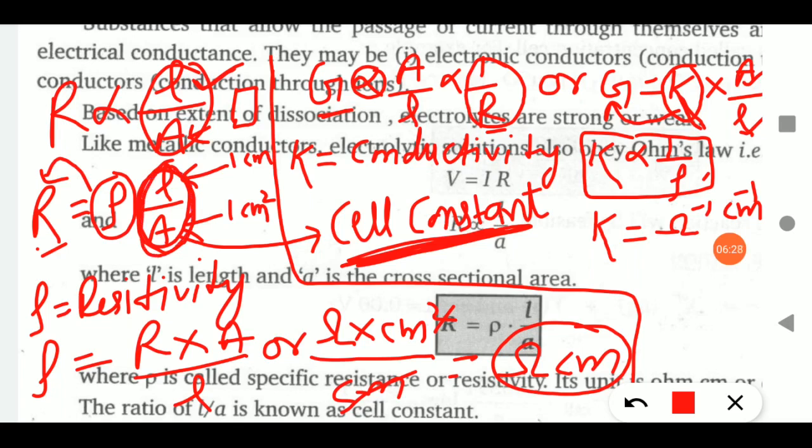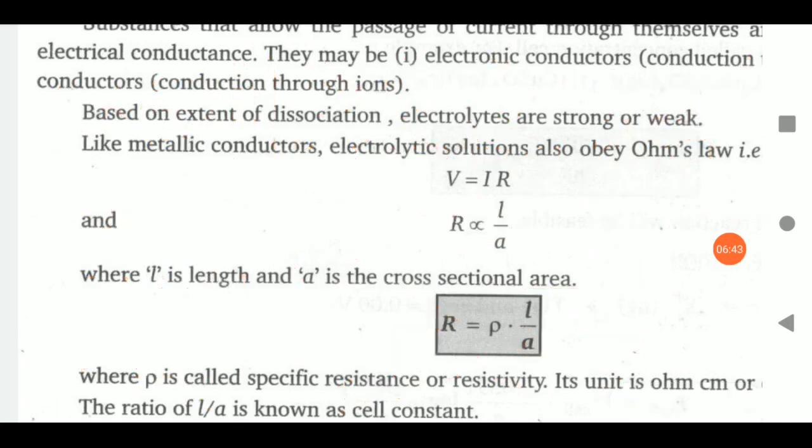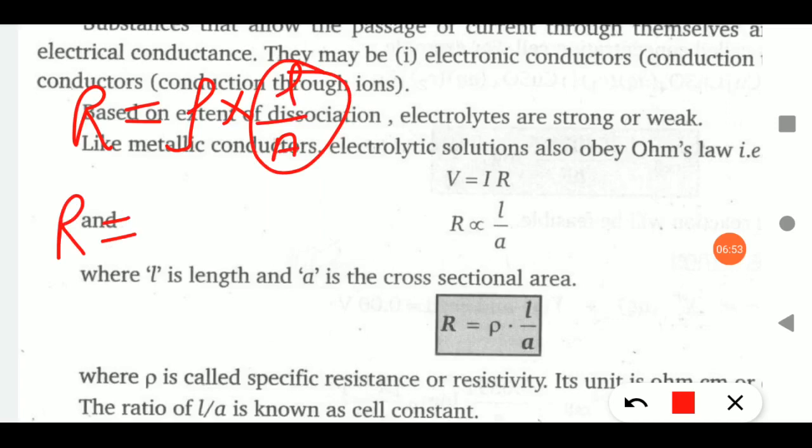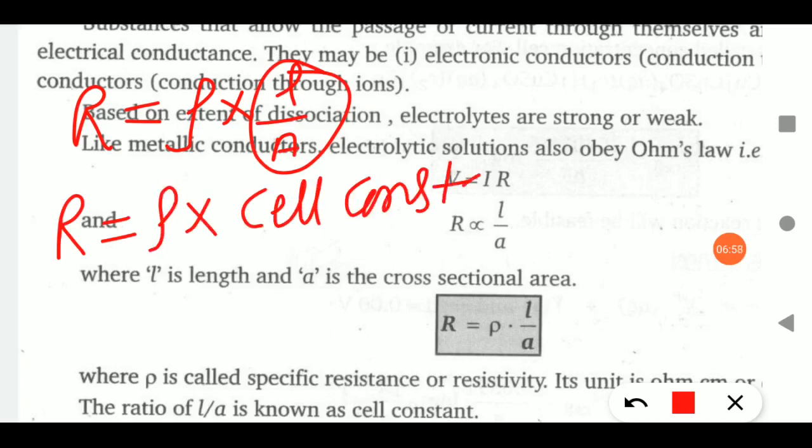So what formula has been made? Look, resistance is equal to rho into cell constant. I am roughing this one, note it carefully, take the screenshot, okay? So I will start from this formula. Look here, what I said: resistance is equal to resistivity and l upon A, and l upon A is known as the cell constant, and this is 1 upon kappa, okay?